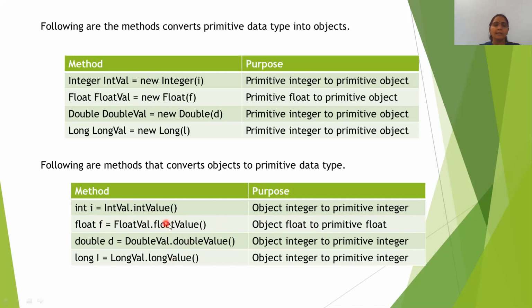All these are built-in methods which are available in the java.lang package with their corresponding wrapper classes. And similarly, all these methods convert object Float to primitive float, object Double to primitive double, and object Long to primitive long.